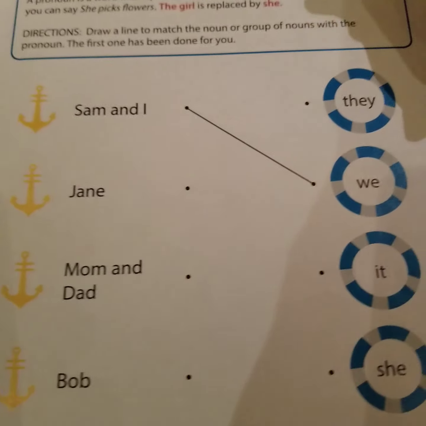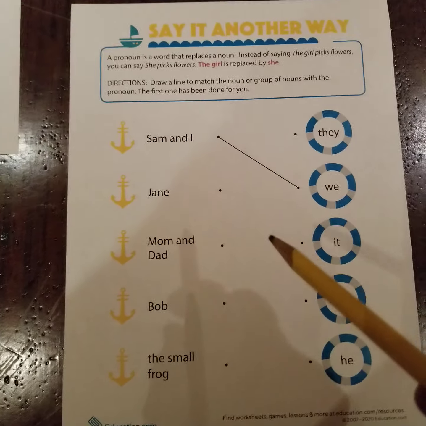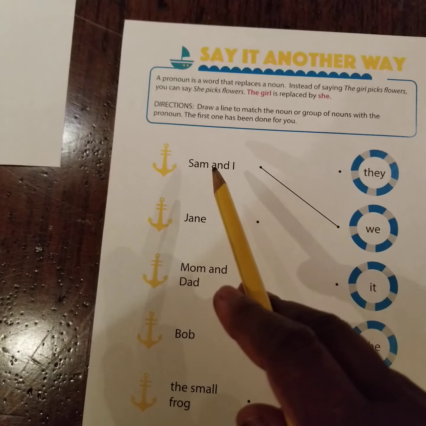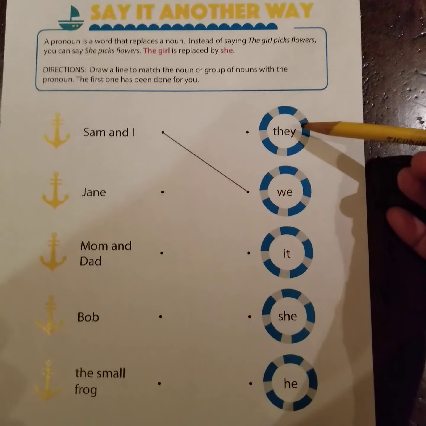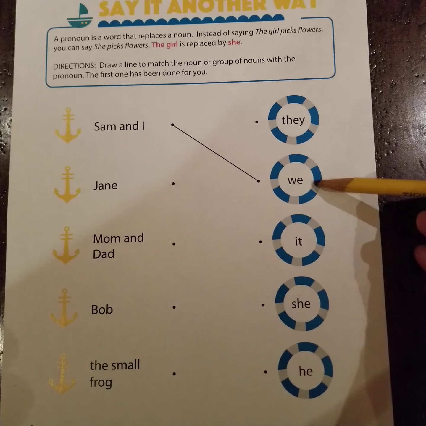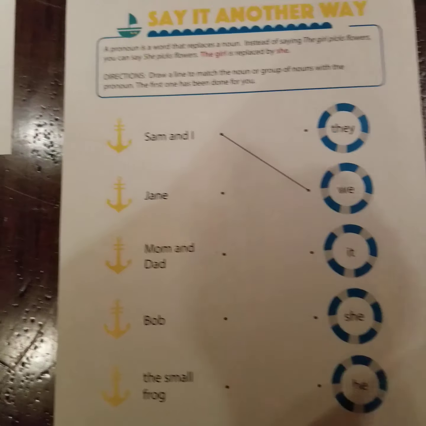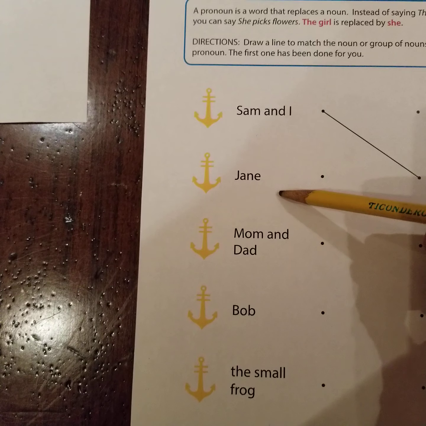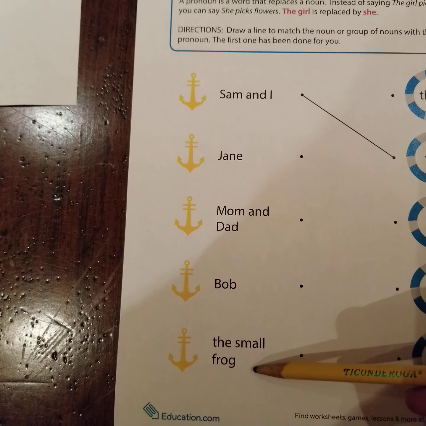So on this paper here, we're going to draw a line from the regular nouns to the pronouns. The pronouns we have are they, we, it, she, and he. And our regular nouns are Sam and I, Jane, Mom and Dad, Bob, the small frog.